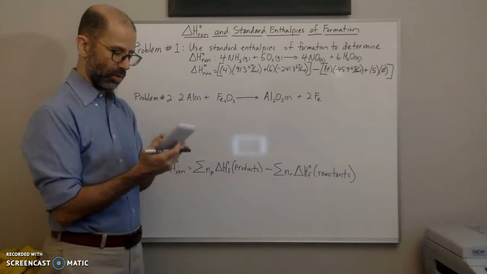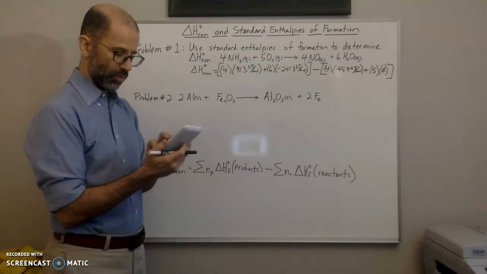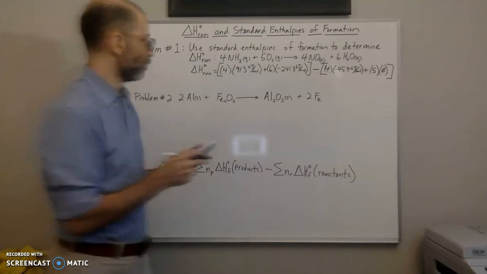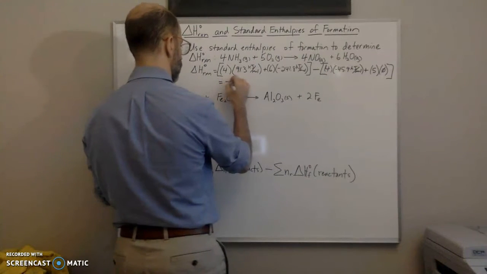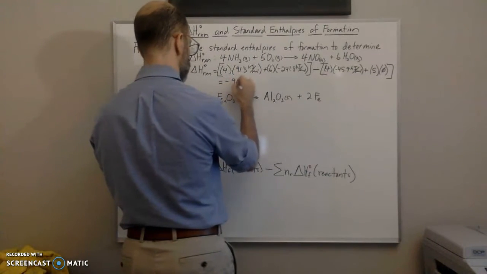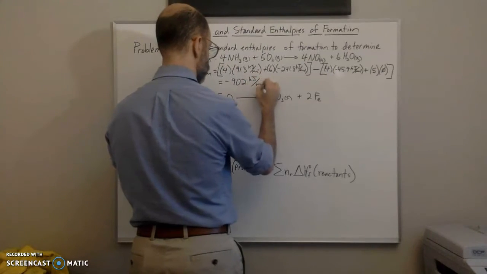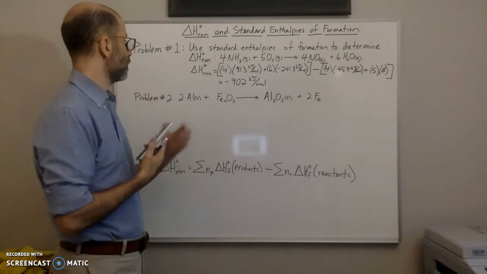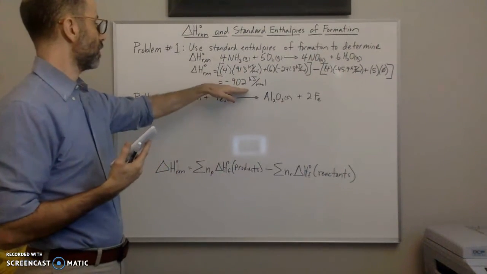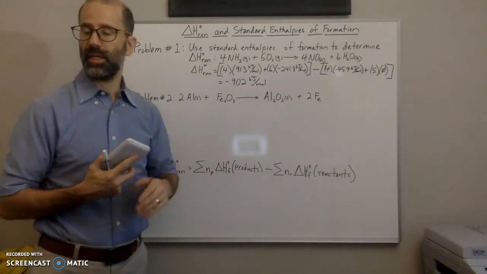So we'll press equals, and here we get negative 900 and 2 kilojoules per mole. And so this should be the standard enthalpy of the reaction, the standard change in enthalpy of the reaction.